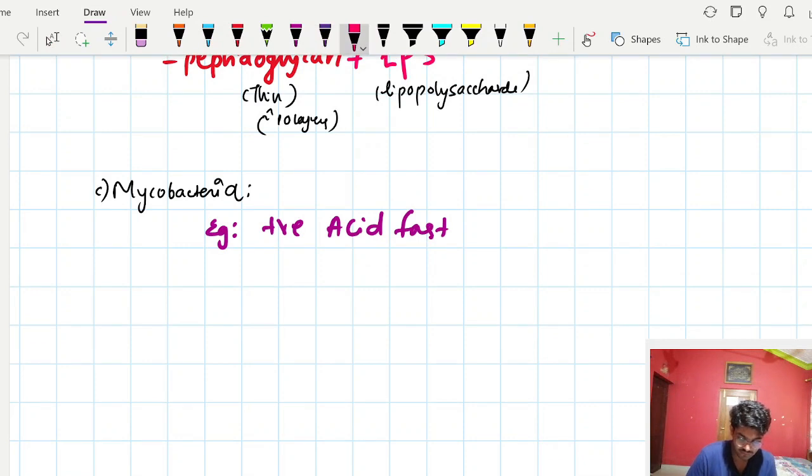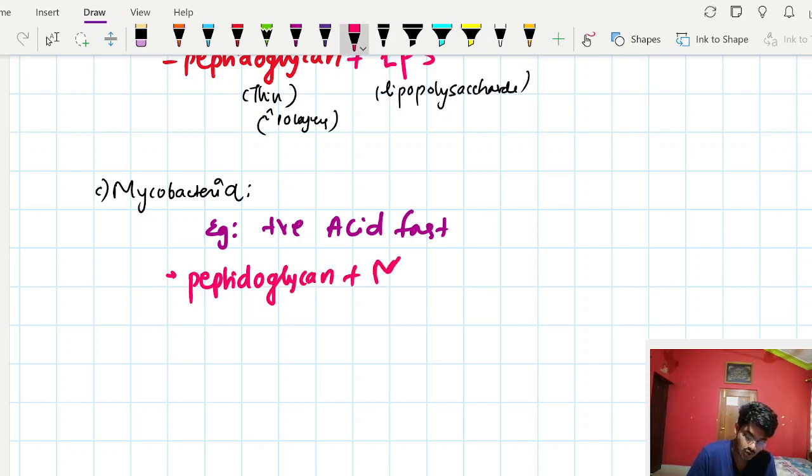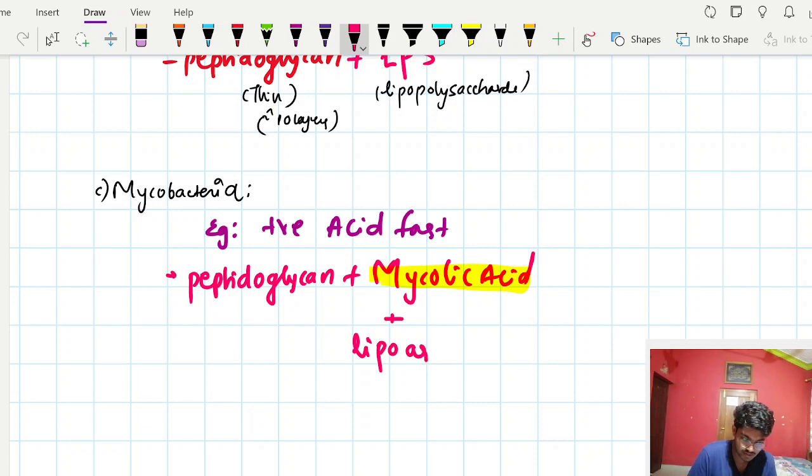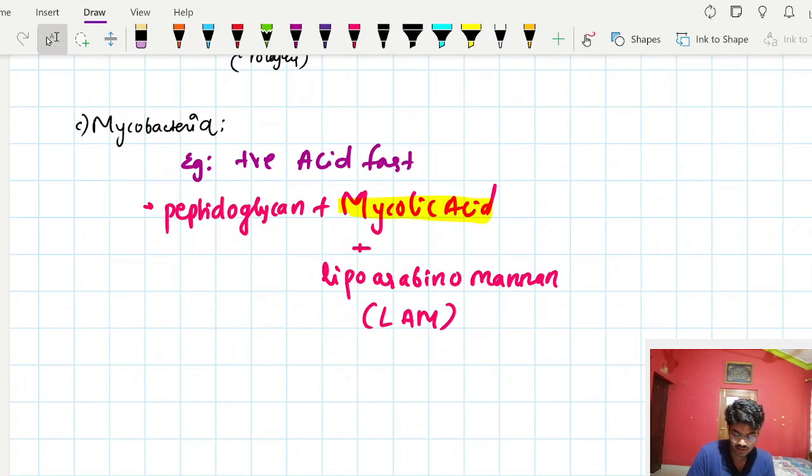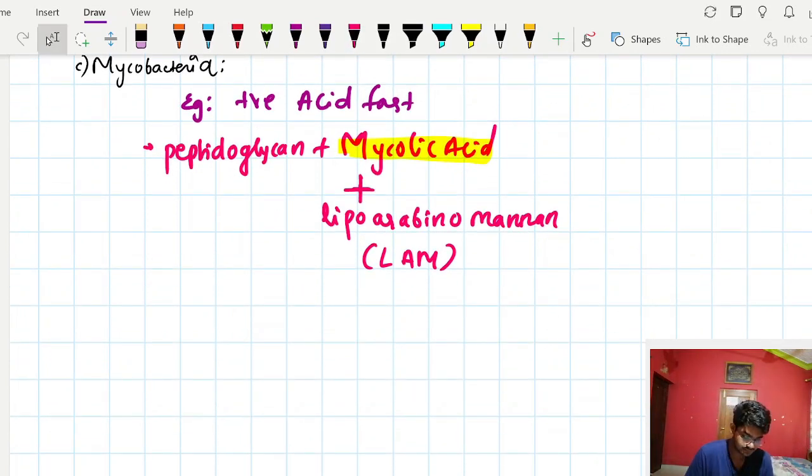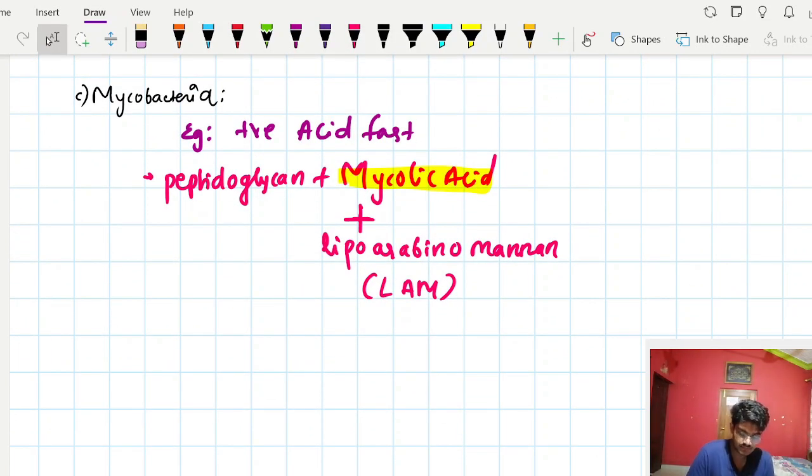The cell wall of Mycobacterium has peptidoglycan, then mycolic acid. This mycolic acid is the reason why it is acid fast. And then there is also lipoarabinomannan, LAM. So this is the content of mycobacteria, and it is acid fast due to mycolic acid.